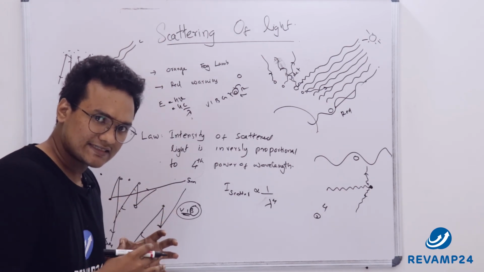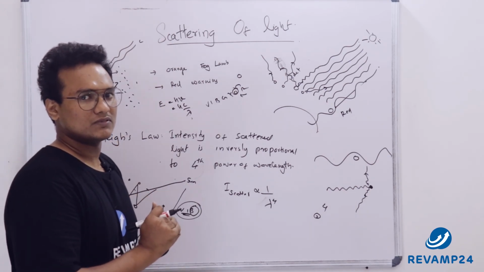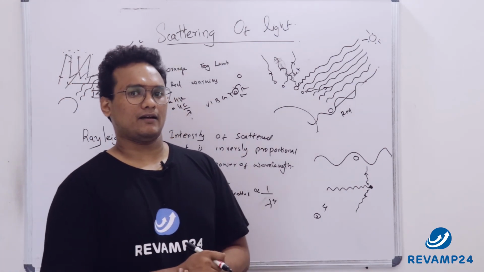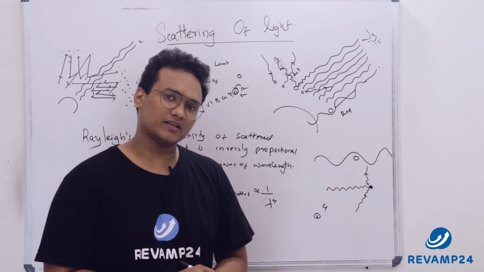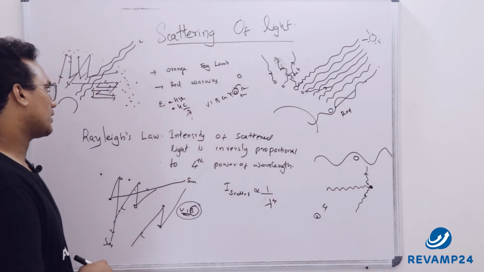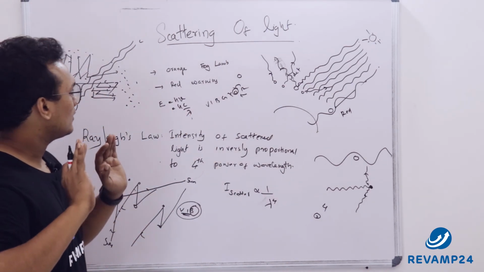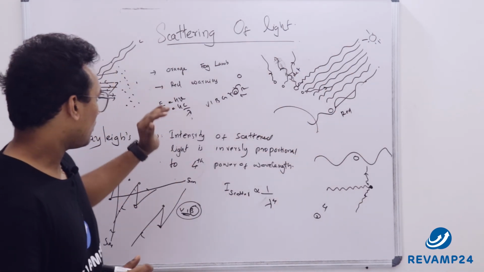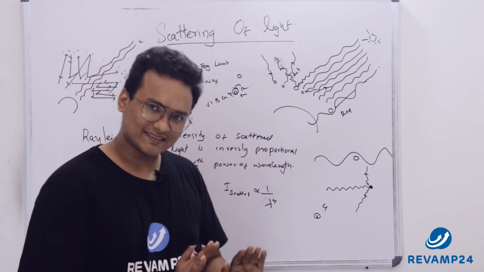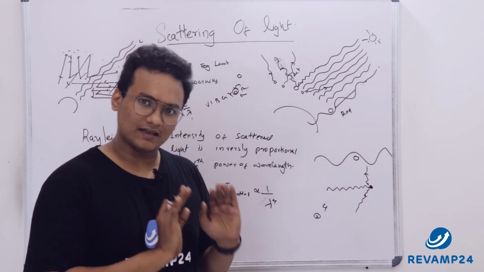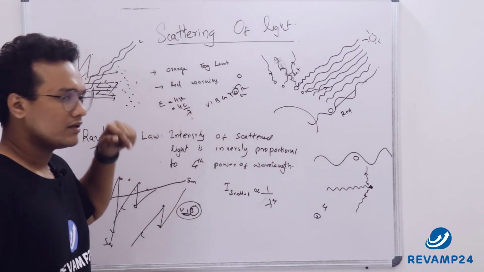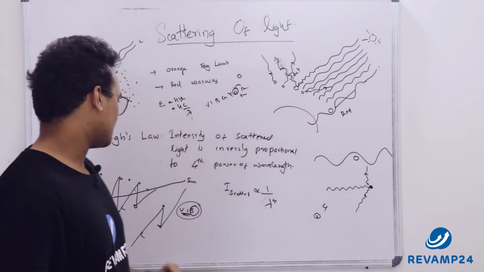So it has energy, and at the same time it would be subjected to no scattering, or I can say less scattering. That is the reason we use orange color in a fog lamp. Red color has no scattering, so it can reach a larger distance. Orange color has again less scattering, not no scattering, but has higher energy compared to red, so it can go to a larger distance.